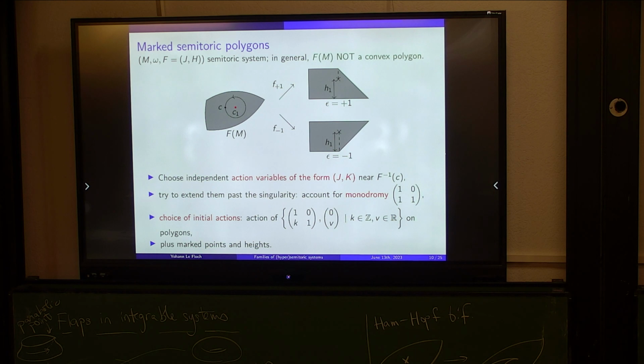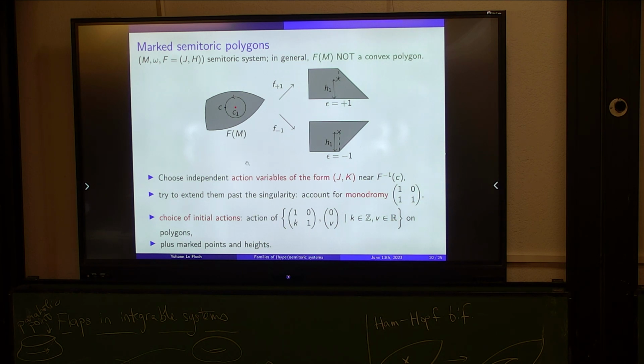As Joey told you, this polygon will encode the singular integral affine structure of the manifold of the system. What does it mean? What is the integral affine structure if you have a toric system?